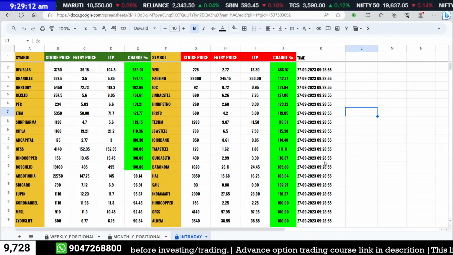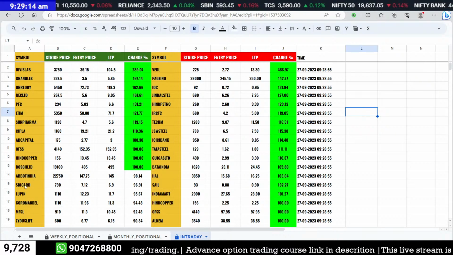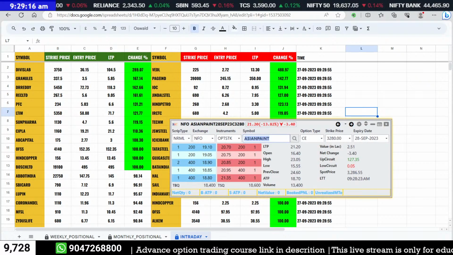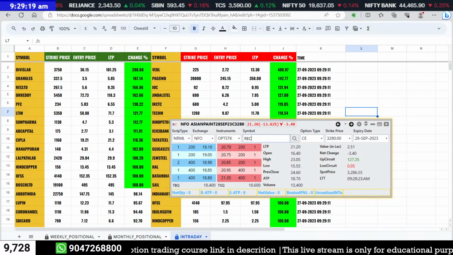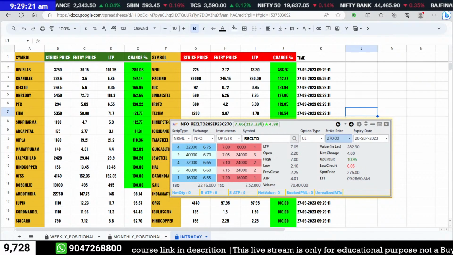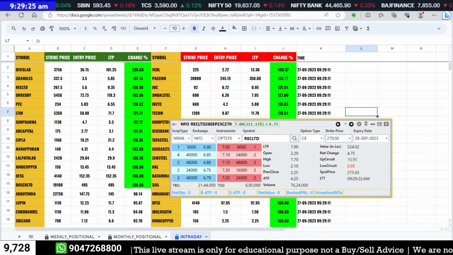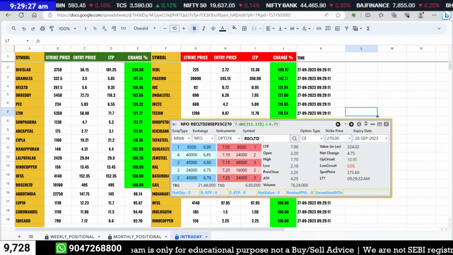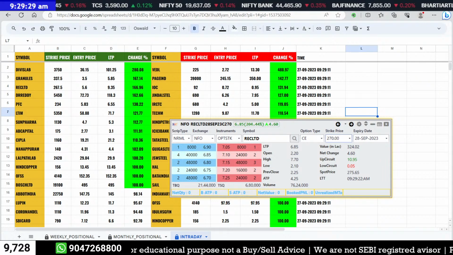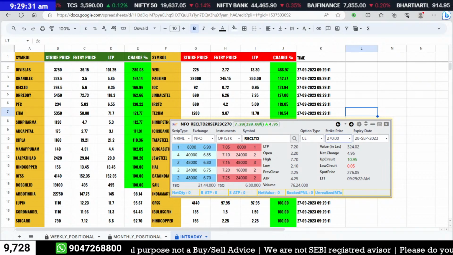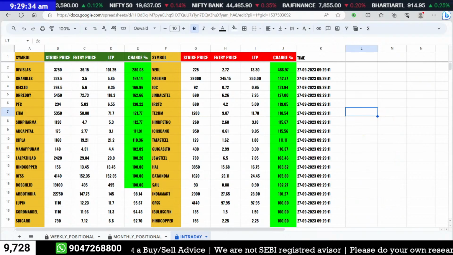And REC also started moving on the call side. Maybe a good liquid one. 9 rupees, 267, REC 270, 6.7, a 25 paisa gap. And the current price is 275. So 1.2 rupees is the excess premium on this particular option. Better to wait. I want to go for it.